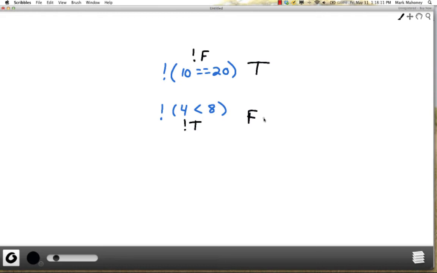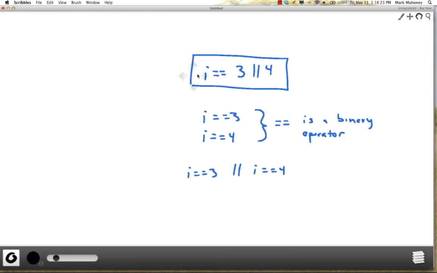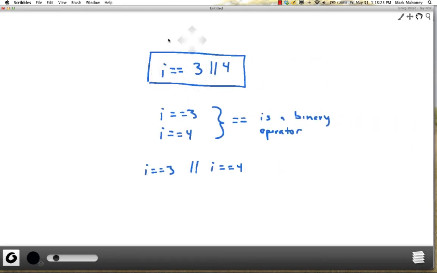Okay, one note about these logical expressions: we have to obey the operand and operator rules in the language. For example, some people might read this boxed expression as I is equal to 3 or 4. The problem is that we want I to be compared to each of the numeric values first, and then perform the OR operation.